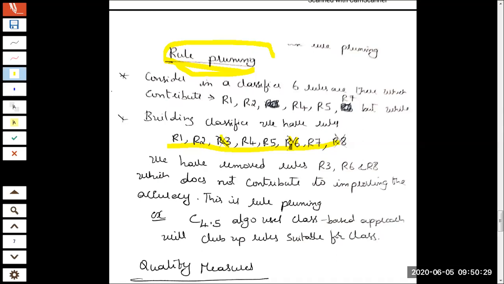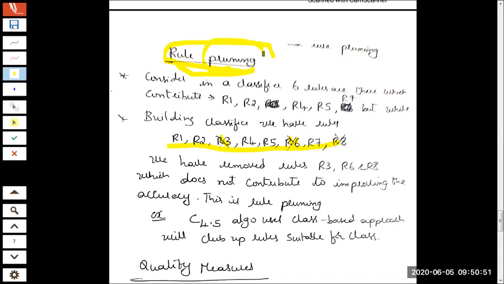My classifier has constructed some 10 or 20 rules. Among those 20 rules, I found that 2 or 3 rules are not good in classifying, or not better in deciding to which class the record belongs. Just remove them. We call it rule pruning.